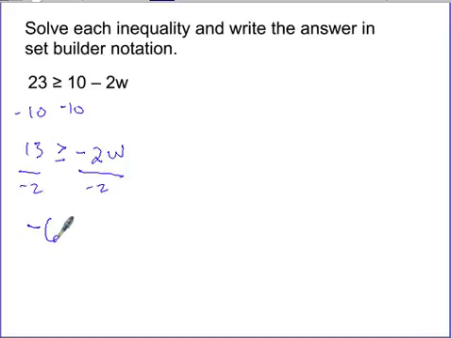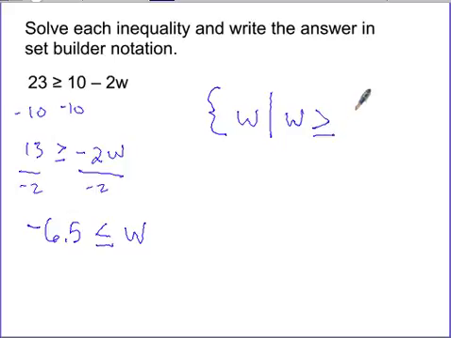Negative 6.5 is less than or equal to w. Okay, set builder notation. The set of all numbers w such that w is greater than or equal to negative 6.5. Does that make sense? Yep. Okay.